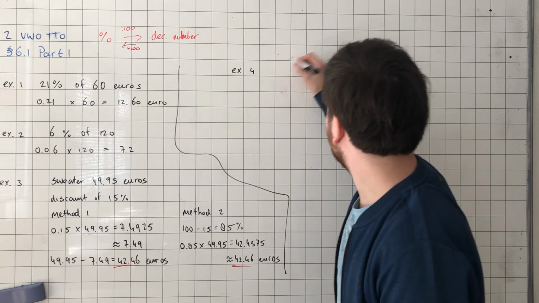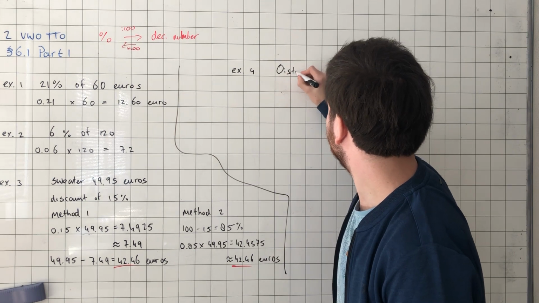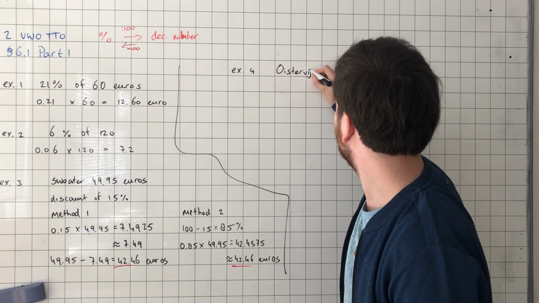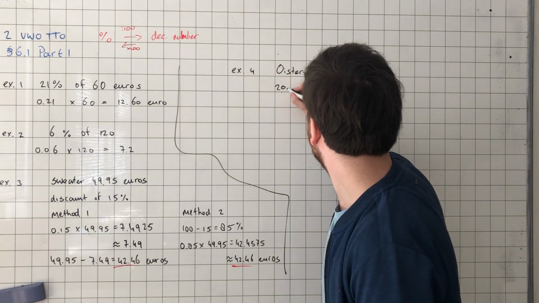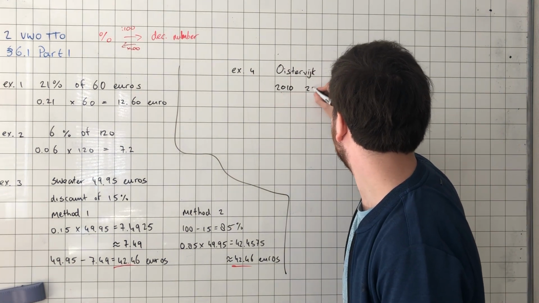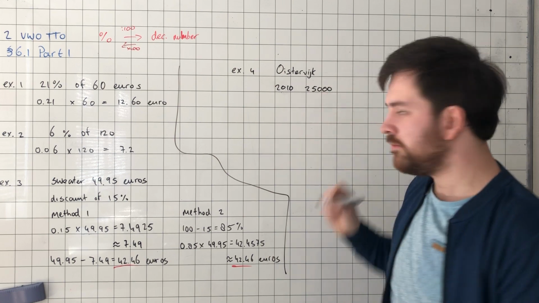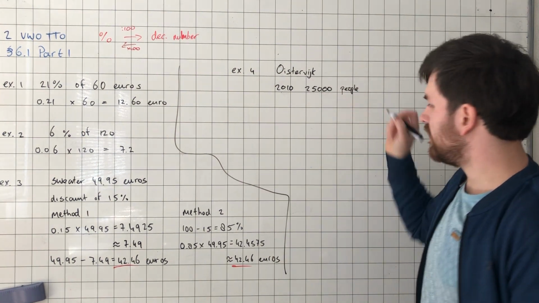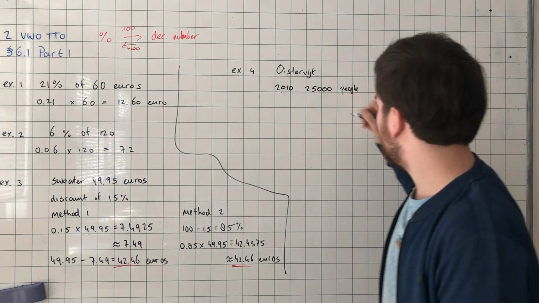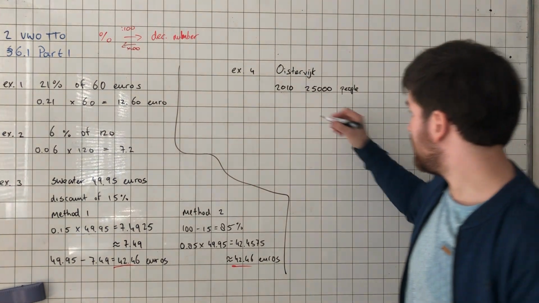If we're looking at Oostenrijk, for example, and I'm telling you that in 2010 there were 25,000 people living there, and in the last 10 years that amount increased with 4%.